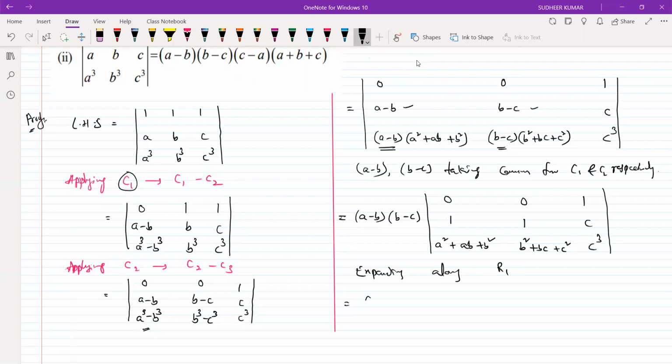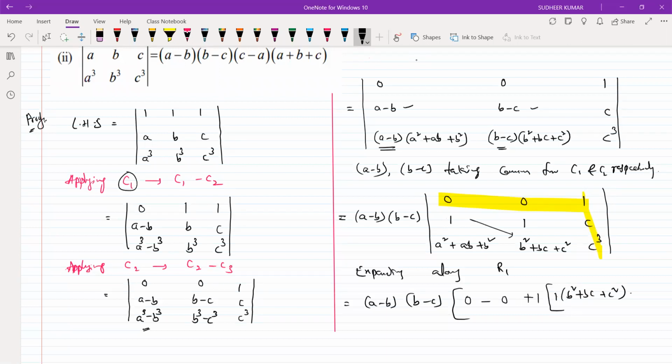So the value is A minus B remains the same, B minus C also, into the remaining value: 0 into the determinant value, 0 minus 0 plus 1 into, in the sense these two are deleted. So the remaining is 1 into B square plus BC plus C square, minus the other one, 1 into A square plus AB plus B square.